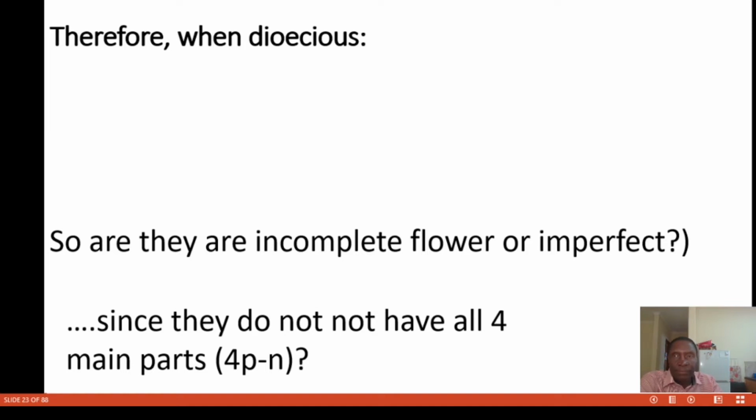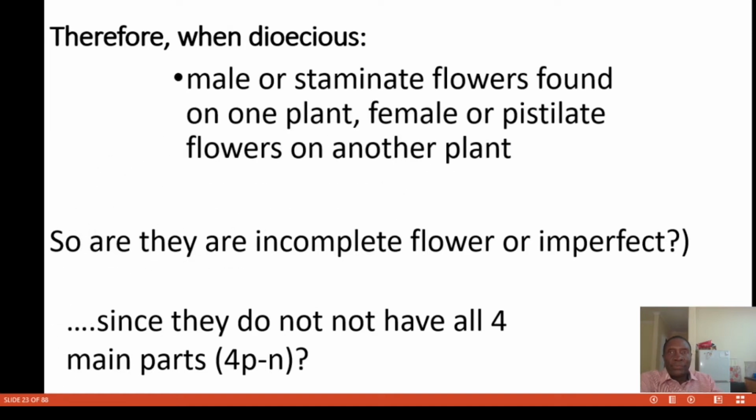Therefore, when dioecious, male or staminate flowers are found on one plant, and female or pistillate flowers are on another. So dioecious plants are like human beings.